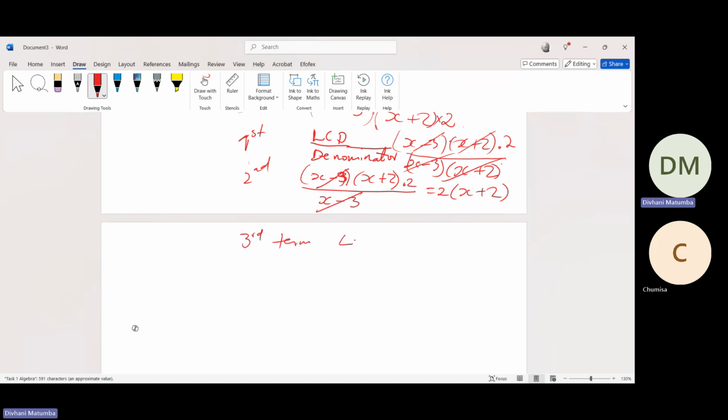So we're going to say LCD divided by the denominator. This will be x minus 3 times x plus 2 times 2, divided by the denominator of the third term.